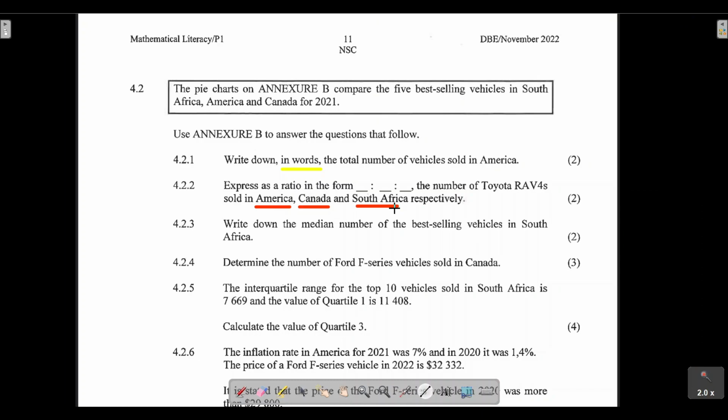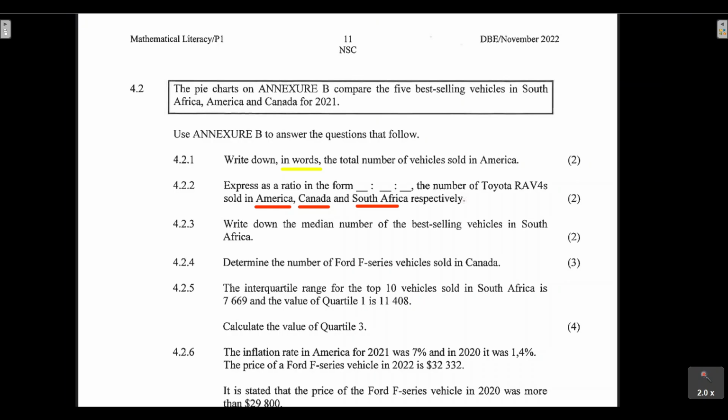They haven't said that you need to write it in simplified form. They haven't specified that, so you don't have to worry about it being 1 to something. You just need to express the number of Toyota RAV4s sold in America, then Canada, then South Africa, in that order. Respectively means it needs to be in that order.